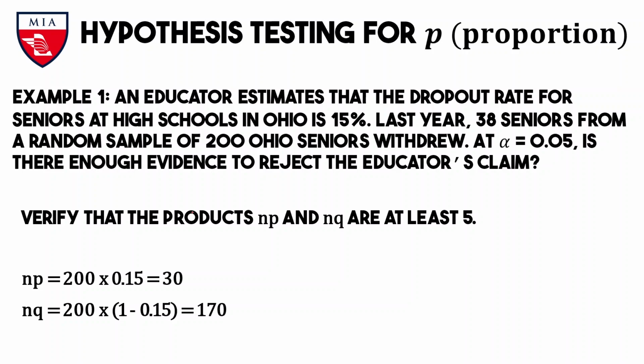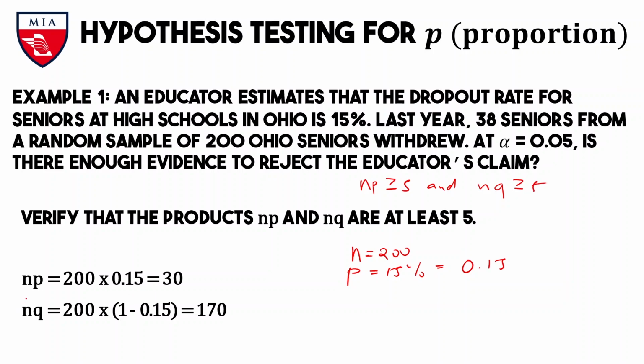Our N is equal to 200 and P is equal to 15%. If we convert this to decimal, we have 0.15. Before we start our calculation, first we need to prove that we can use the formula. Like I said earlier, NP must be greater than or equal to 5 and NQ greater than or equal to 5.